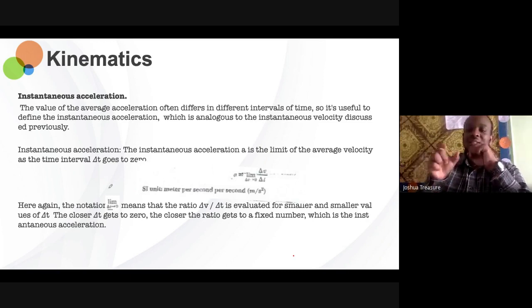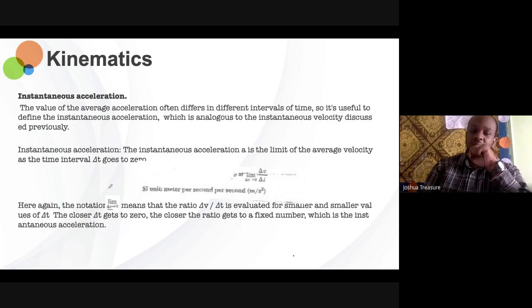All right, so that's acceleration at a particular instant. But we're not going to necessarily call it zero. It is a limit of delta t going towards zero. See if you understand what I'm trying to say here.